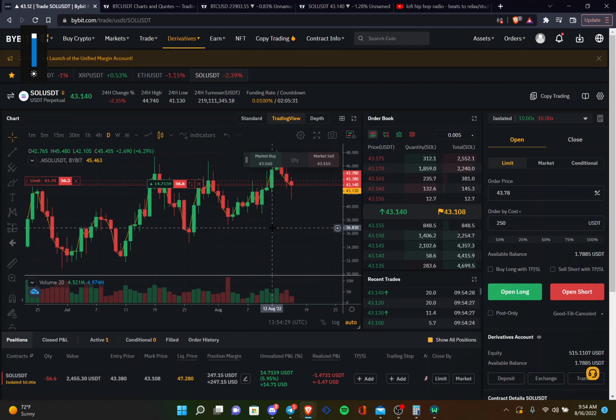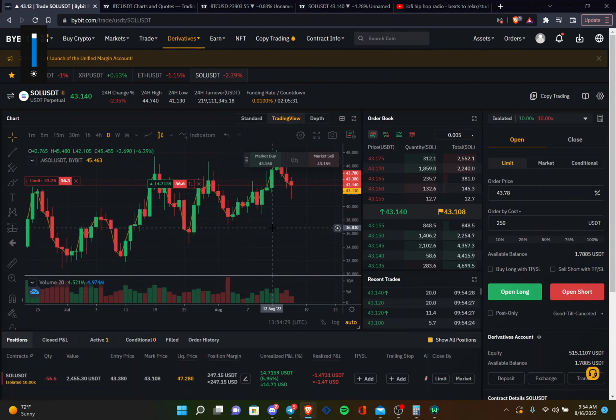Maybe it only blurs out when you move your mouse. If you go to settings, I think you can make it light and change the background to white. Oh, for Bybit. Yeah, right click, then settings, and then appearance.